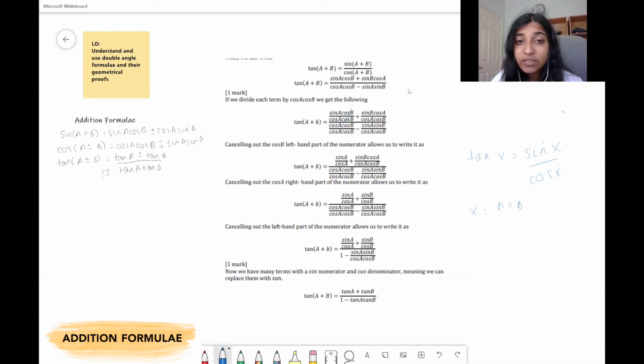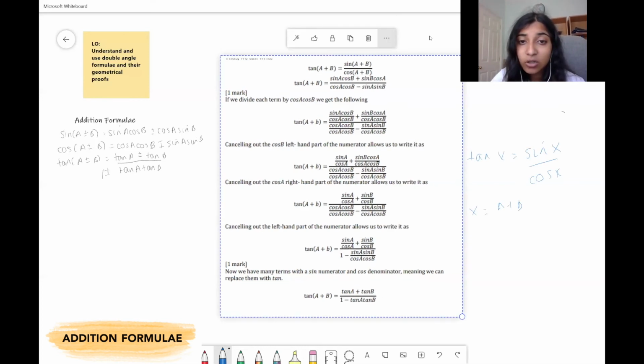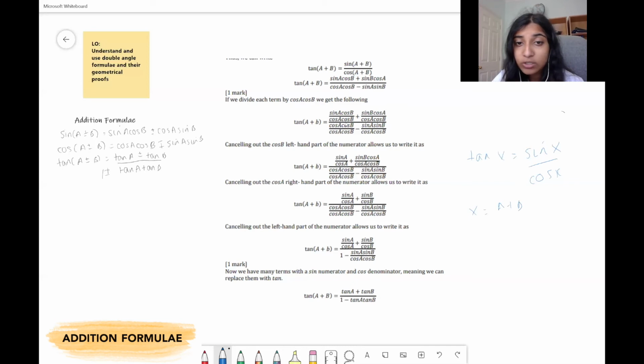So we can just divide each term of our expression by cos A cos B. Then we would get sine A cos B over cos A cos B plus sine B cos A over cos A cos B, all over cos A cos B over cos A cos B minus sine A sine B over cos A cos B.